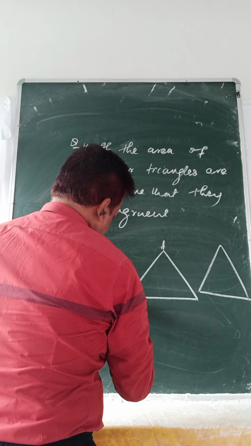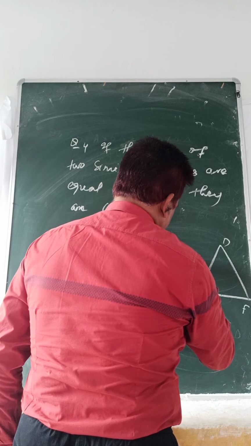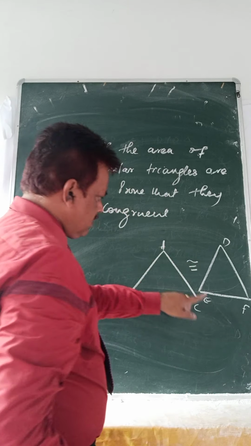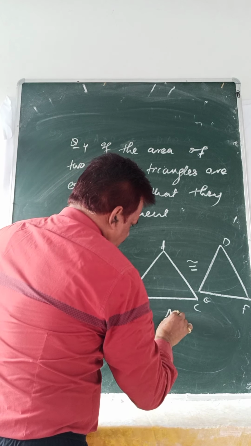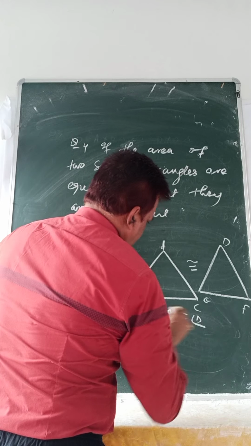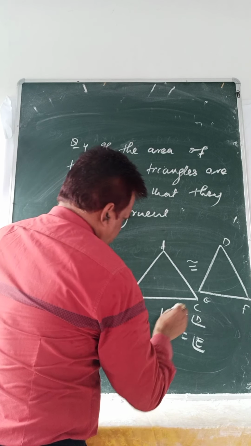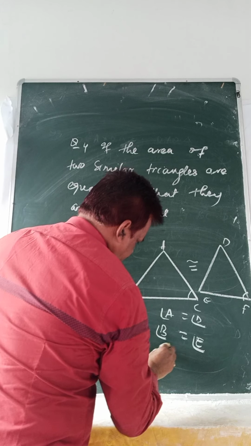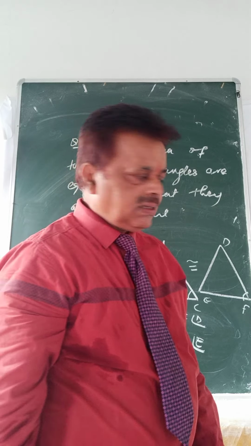Suppose ABC, DEF. Congruent is like this. For congruence, first the angles should be equal: A equals D, B equals E, C equals F. First the corresponding angles will be same.